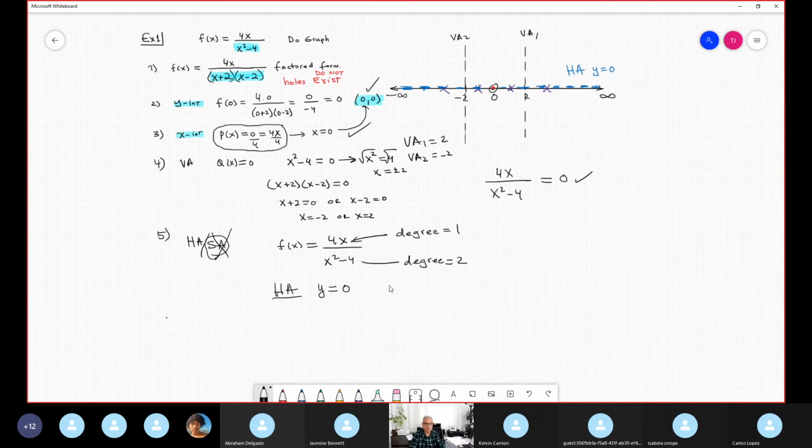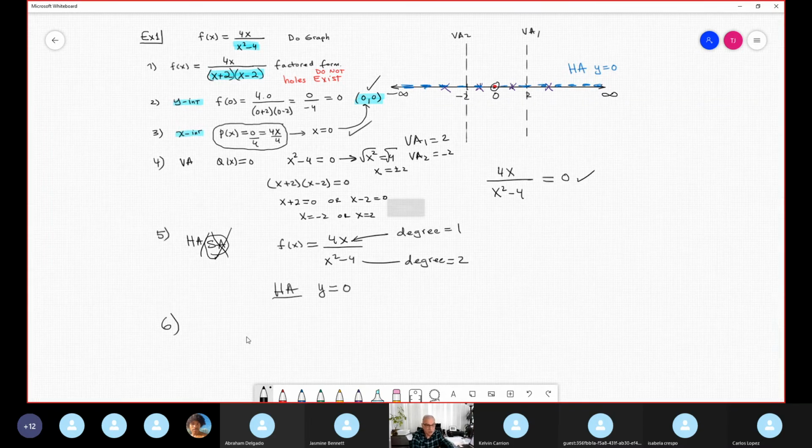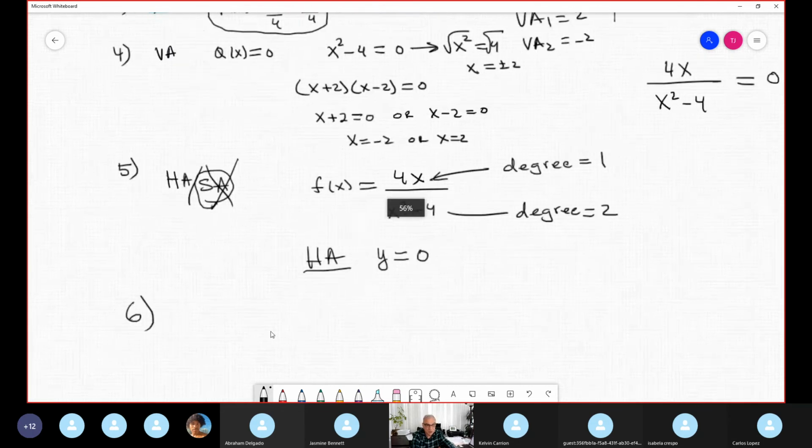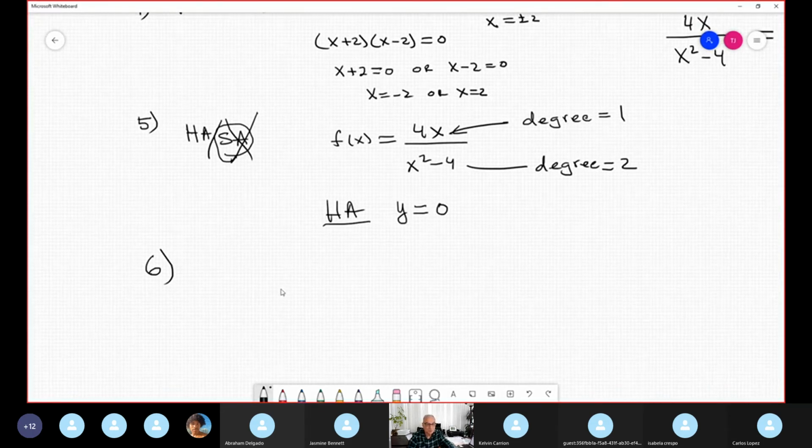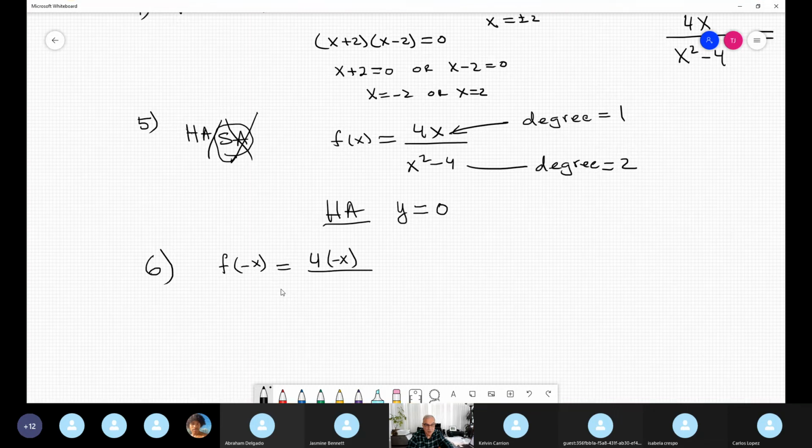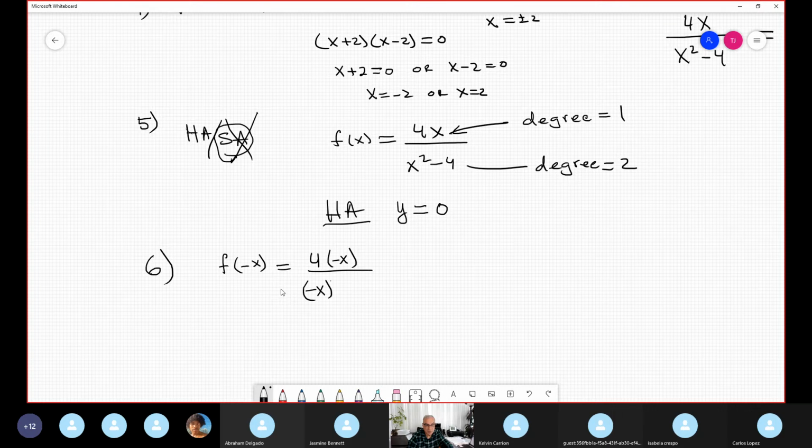Now let's do step 6, sorry. Get the test of symmetry. And the test of symmetry is super easy. I don't know, a student forgot. You make a reflection and verify if it is even, odd, or neither. When you make a reflection, the original becomes 4 times minus x divided by minus x squared minus 4.